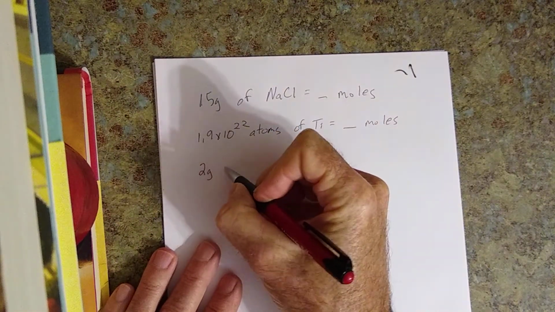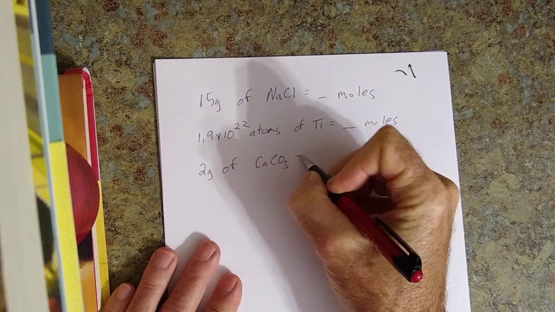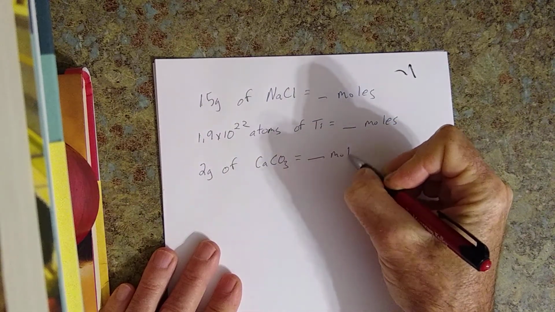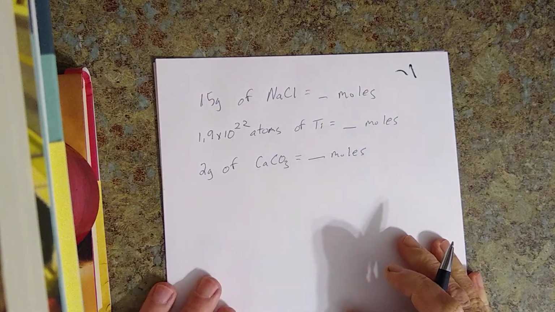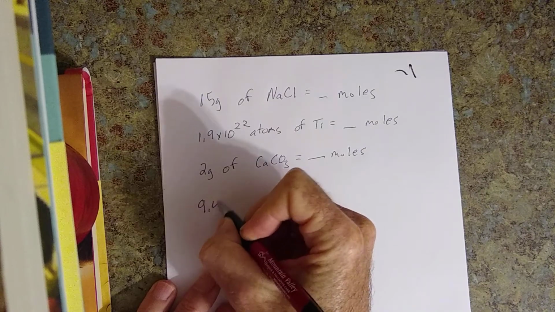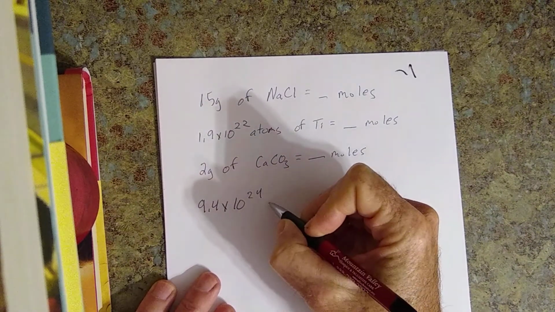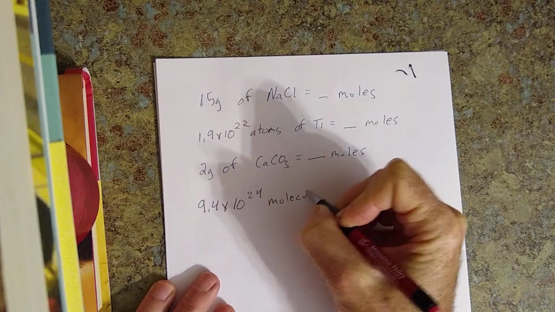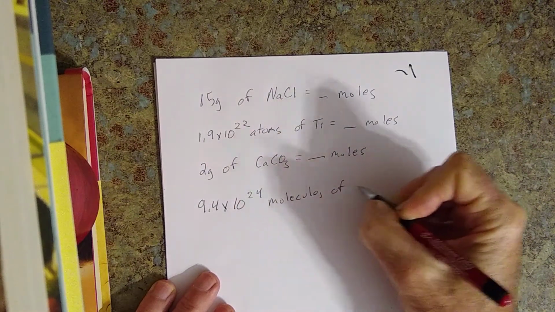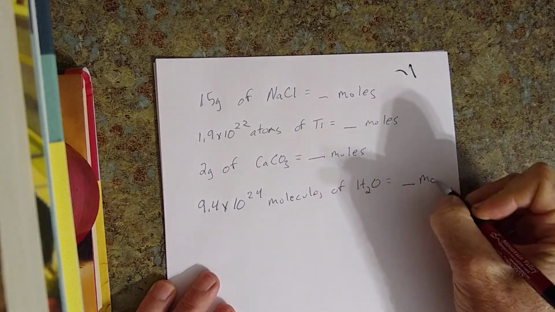2 grams of calcium carbonate is equal to how many moles? And 9.4 times 10 to the 24th molecules of water is equal to how many moles?